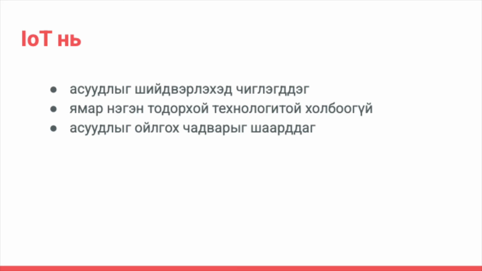I think IoT is an application-oriented paradigm. It isn't bound to specific technologies. In developing and deploying an IoT system, it is important to understand the essence of the issues we are facing.